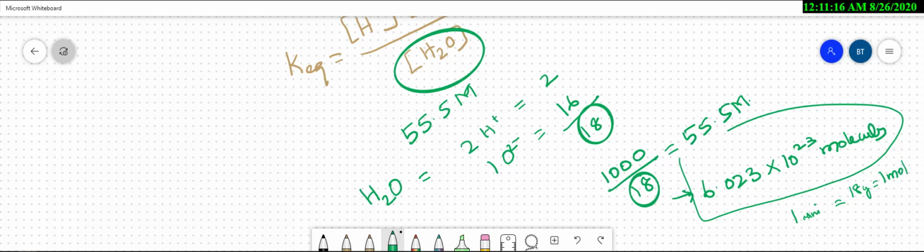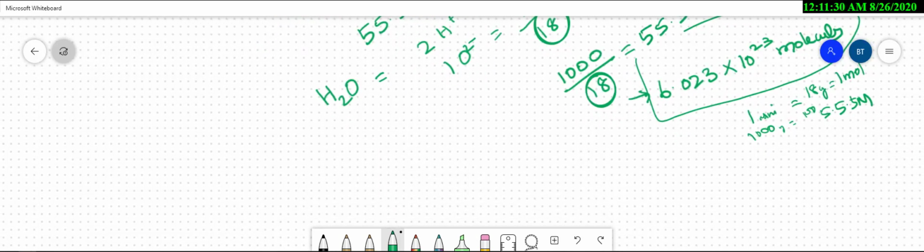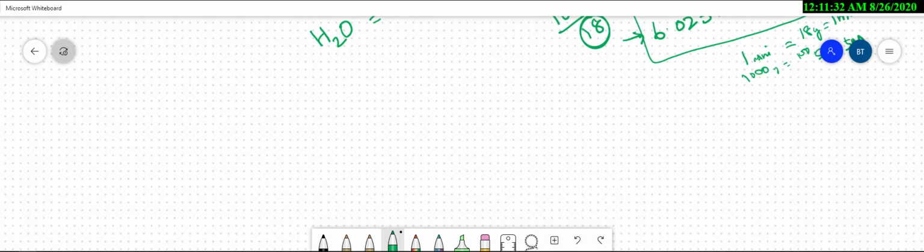And for 1000 ml, 1000 grams, it is 1000 by 18, that is 55.5 moles. This is how the 55.5 molar concentration is obtained. So this concentration is very high compared to the H plus and OH minus, which is depicted as 1 into 10 power 7.